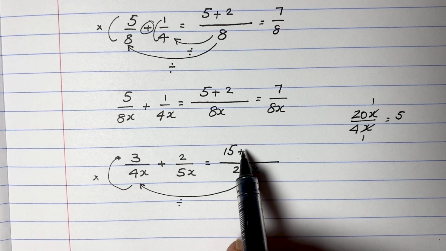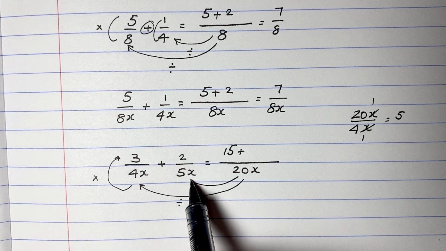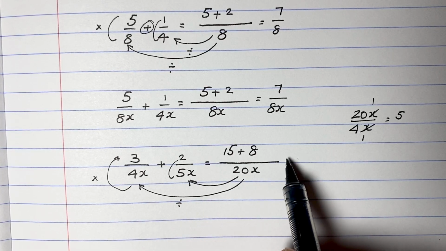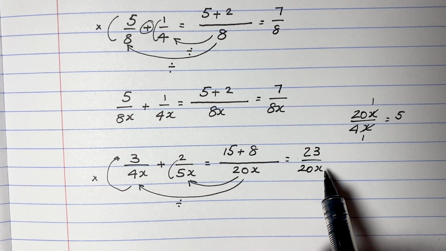I'll put a plus here because there's a plus between the fractions. 20x divided by 5x would be similarly 4. 4 times 2 is 8. So that would be 23 over 20x.